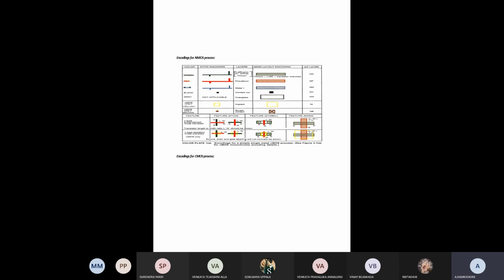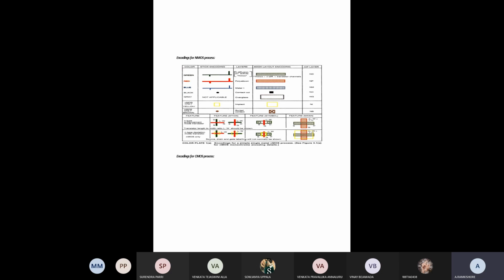That is indicated with yellow color, a dotted line square box over the N diffusion material.